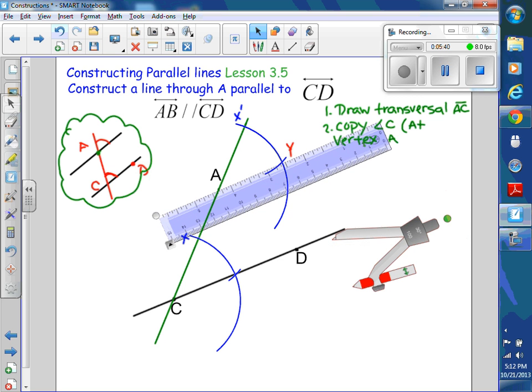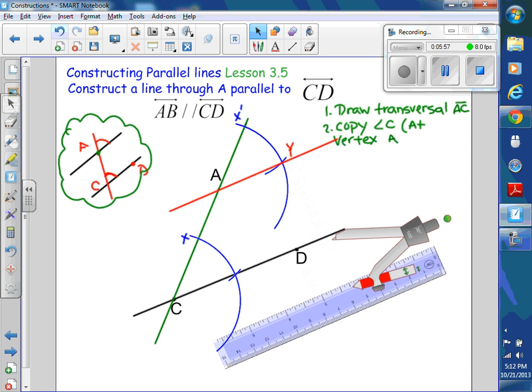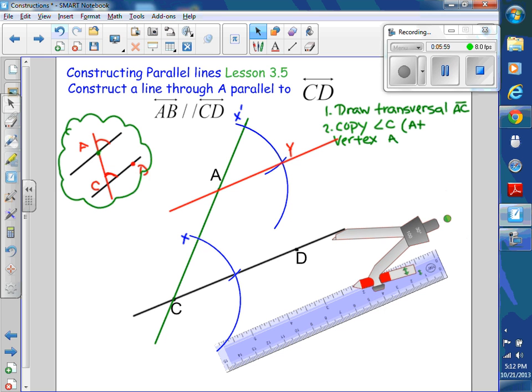Point A and the intersection point. So my line that I'm creating is parallel to my original one. And I said call this line AB. I guess I could have called this point B. That would have been easier.